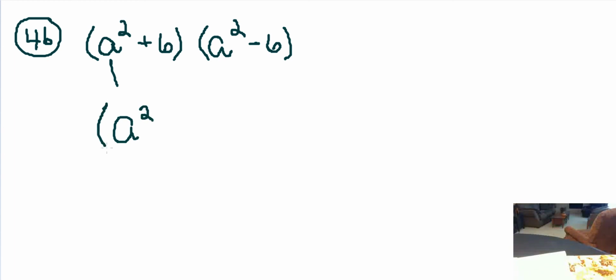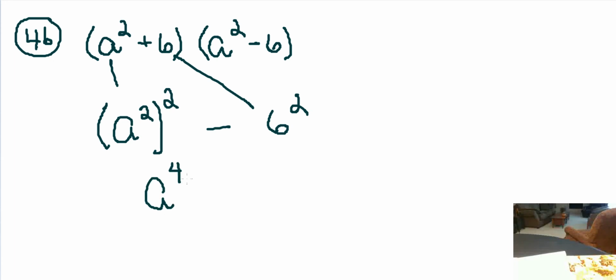I'm taking the a squared and then I'm going to square it. First term squared, then I'm going to do the last term squared, which is 6 to the second power, squaring that. And it's always minus. So to further along this is going to be a to the 4th minus 36. And that's the factorization, or that's the multiplication of the two terms that we started with, a squared and 6.